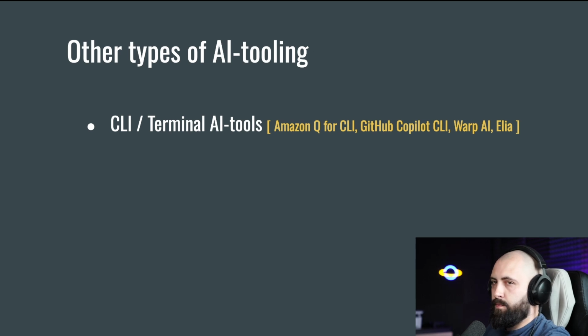There are a lot of questions about privacy, because Warp AI needs a login and it is not open source, but for home projects, I believe it's okay. And Elia is a small command line tool for starting AI chats right inside your IDE or right inside your CLI.